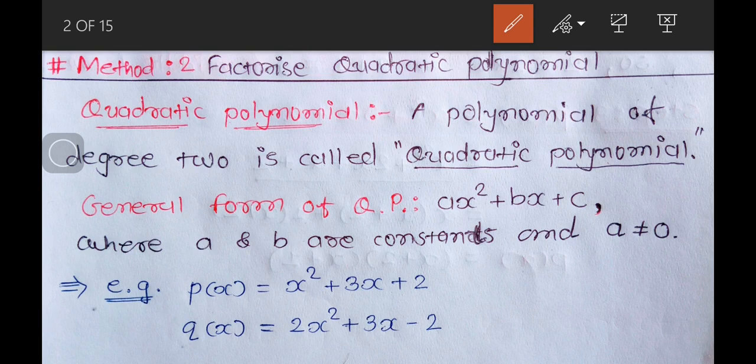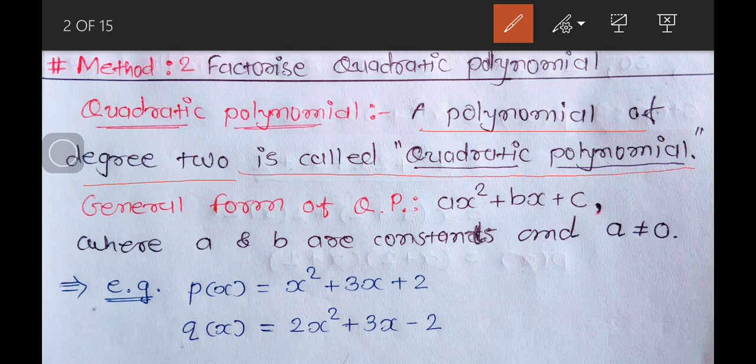What is a quadratic polynomial? You have studied earlier in standard 9 what a quadratic polynomial is, but we recall it. A polynomial of degree 2 is called a quadratic polynomial.